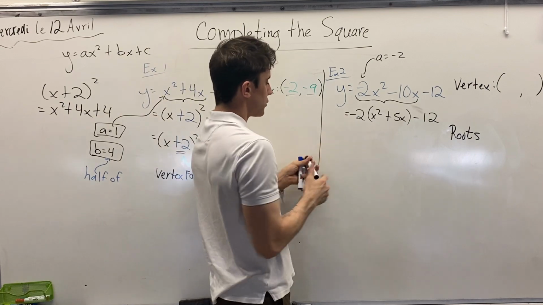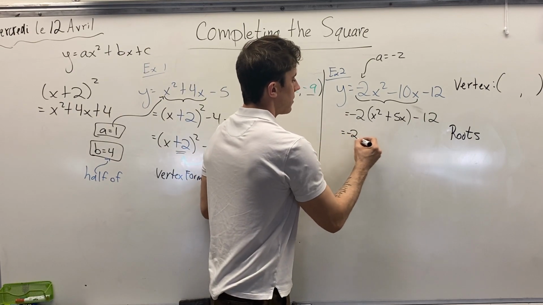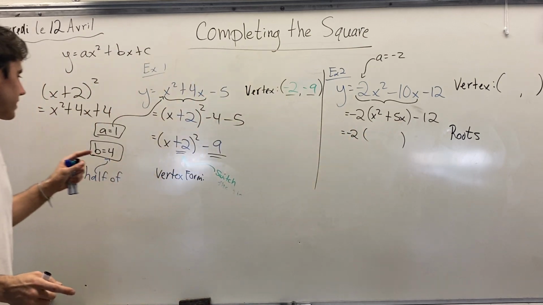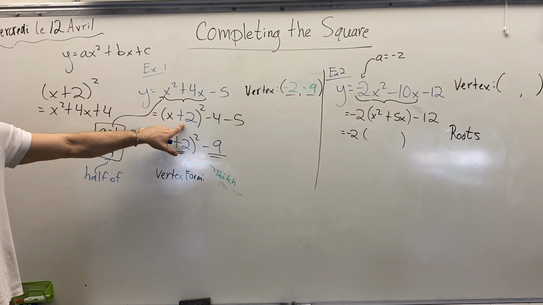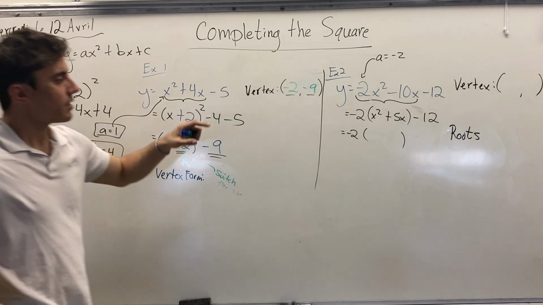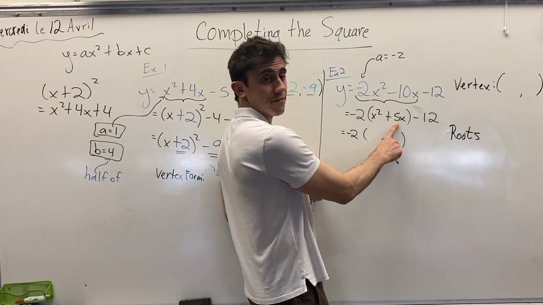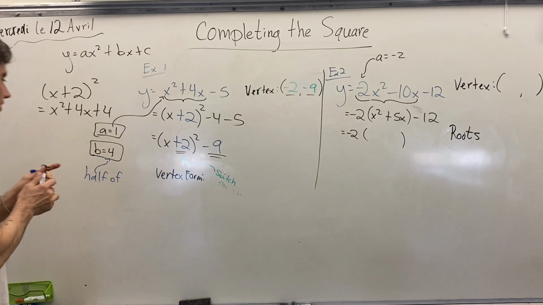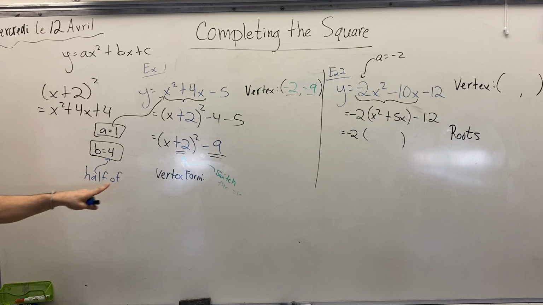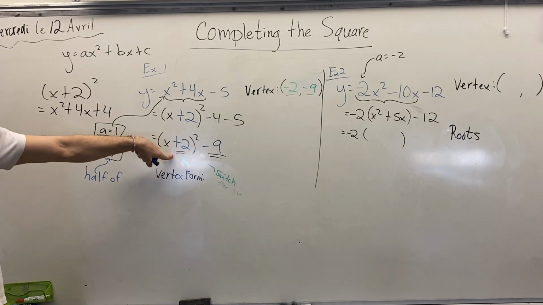Now we have the negative 2 factored out. With the binomial inside of a bracket, we can go ahead and write it as the square of a simpler binomial. And so we'll again take half of the b value. So here b was equal to 4 because we had plus 4x, and so we took half of 4, which was 2.